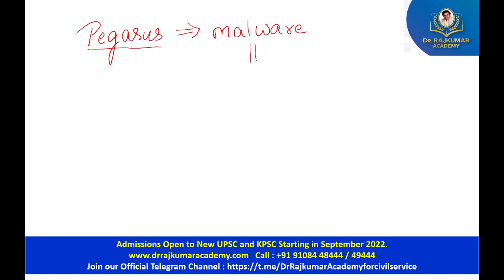Now what it does, you will normally put it in a mobile phone, fine, or this is a virus which will be sent to the mobile phone, and this will try to see, or it will try to tap what all you are actually talking, mailing, chats, everything can be seen. It is an advanced malware technology.